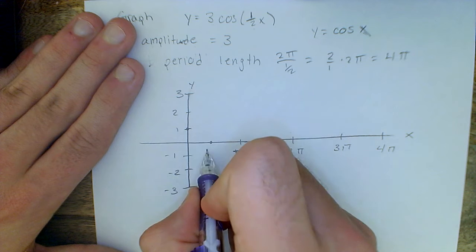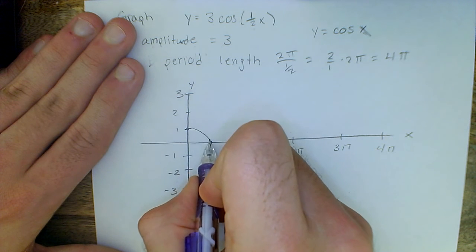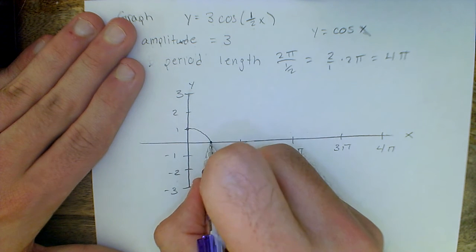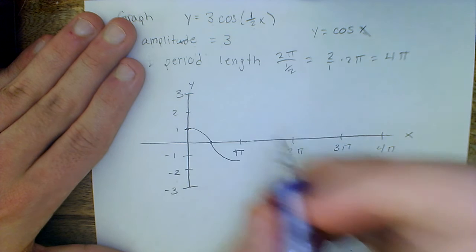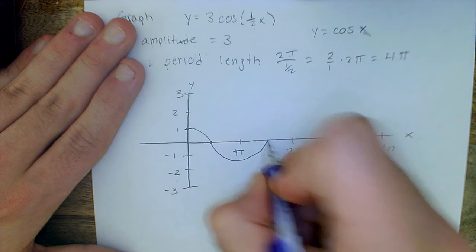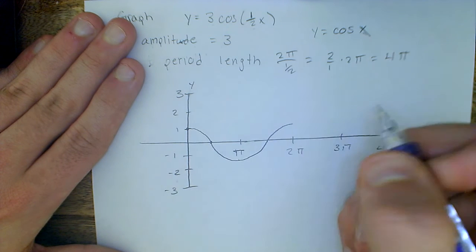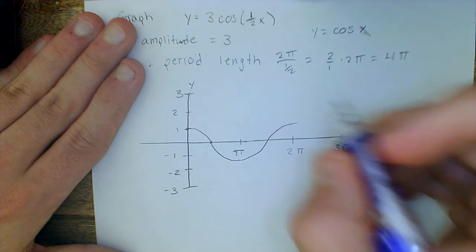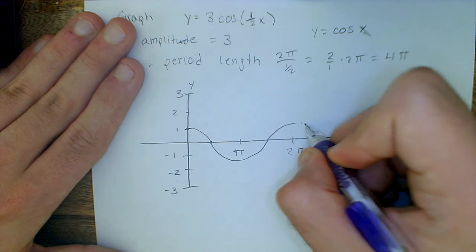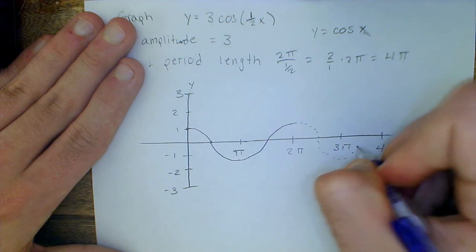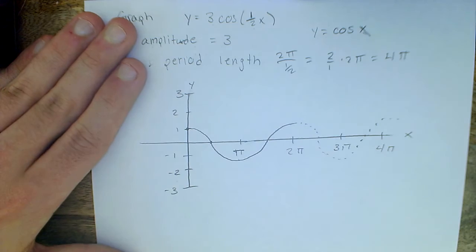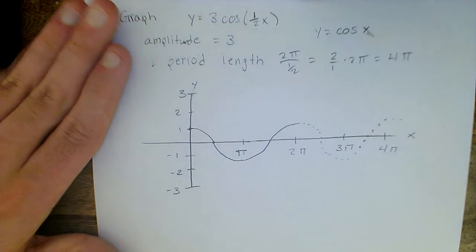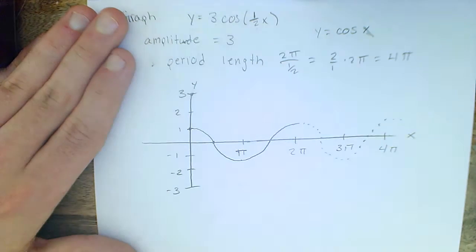Remember it starts up at 1, then at pi over 2 falls down to 0, and then at pi it goes down to -1 for cosine, and then up back to 0, and then up back to 1 at 2 pi. And then it repeats itself like that. Okay, but I only wanted to draw one cycle.